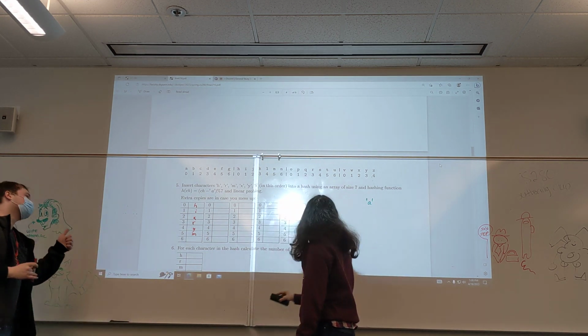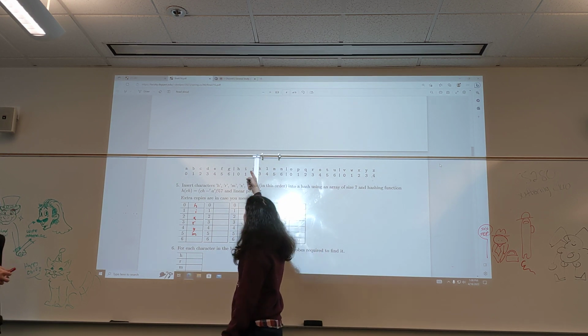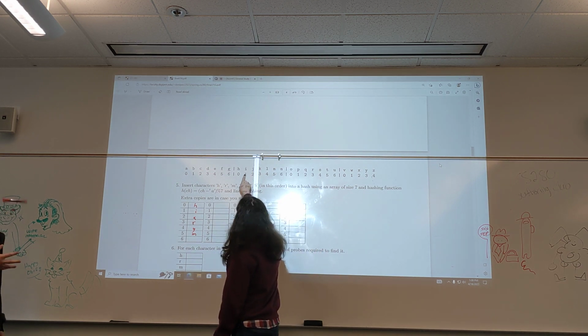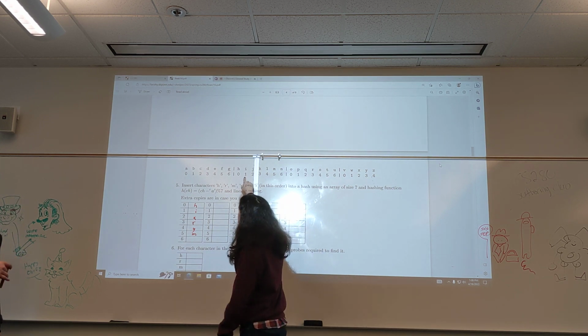Good job. So the way you actually do this is you pass it through the hashing function, which he's given a table up for us up here of the values and their keys after passing them through the hashing function.